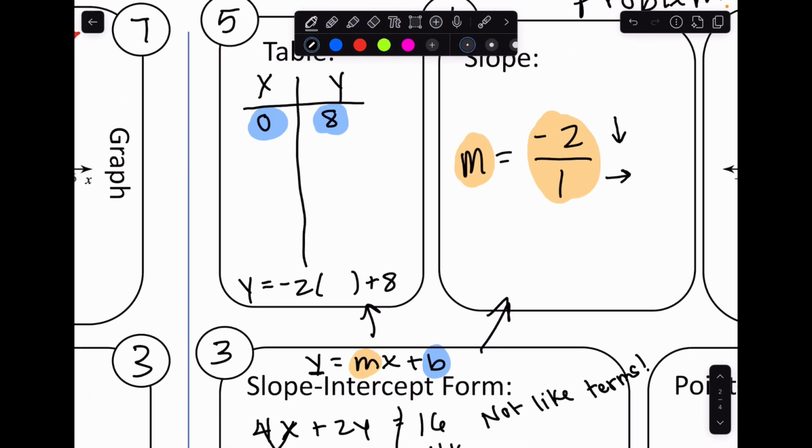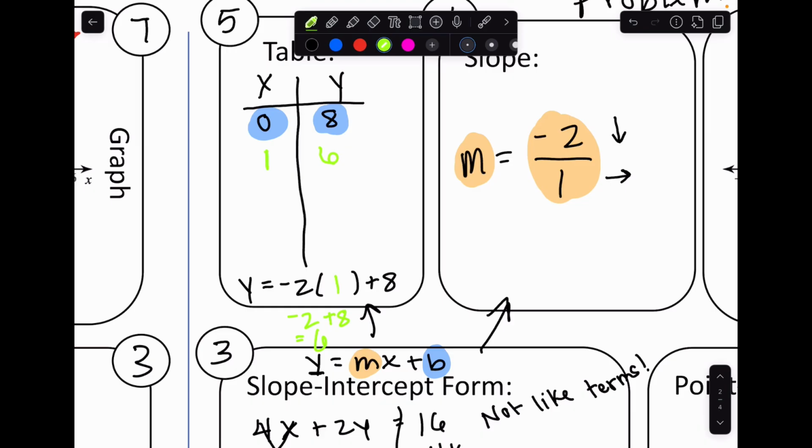So if I pick 1 for my x, I put it in my x column, and now we have to find out what y equals. So y equals -2 times 1, which is -2, plus 8. -2 plus 8 equals 6. So I know one of my points is 1, 6.